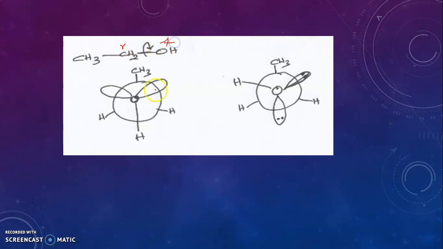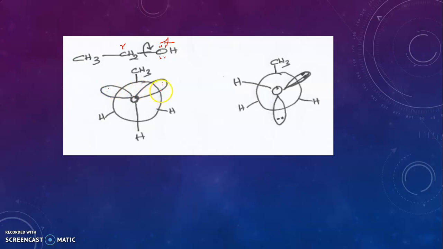In oxygen we have one hydrogen, and there will be two lone pairs of electrons. Here one lone pair, here one lone pair. Lone pairs occupy the hybrid orbitals, so one lone pair occupies one hybrid orbital, and another lone pair occupies another hybrid orbital.